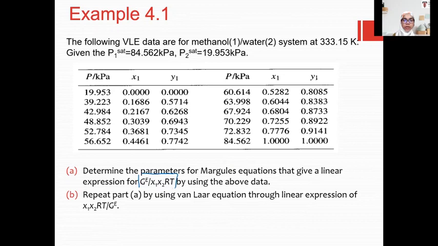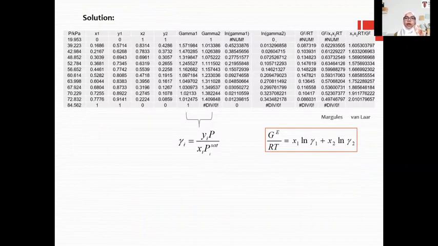From this expression, we can see that it refers to the Margules equation, but if we have x1 x2 over GE over RT, it refers to the Van Laar equation. So we start with solving for A. First you need to add all the possible data. The data is given as x1 and y1.